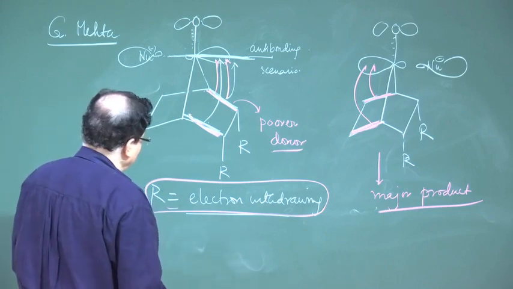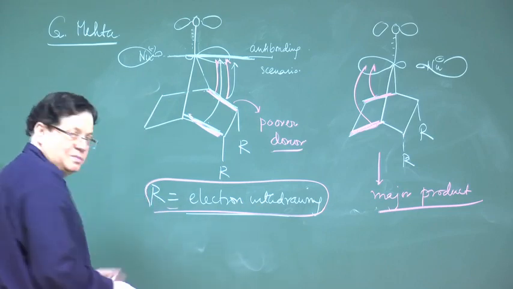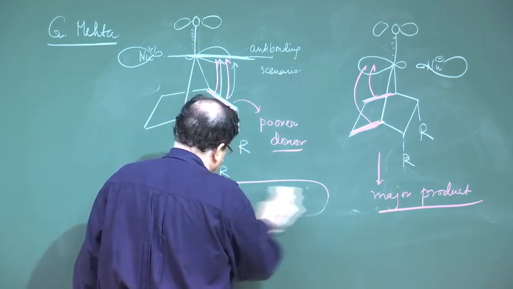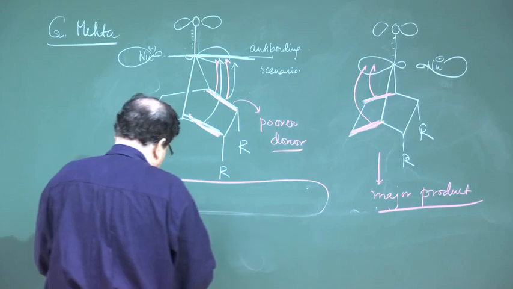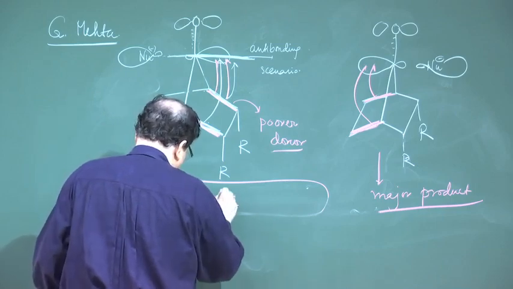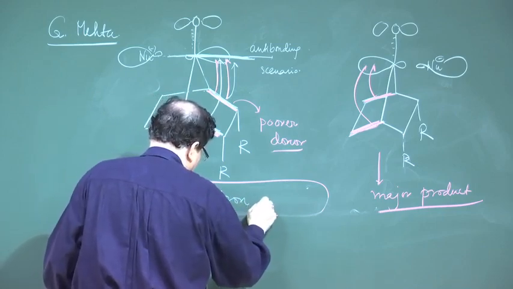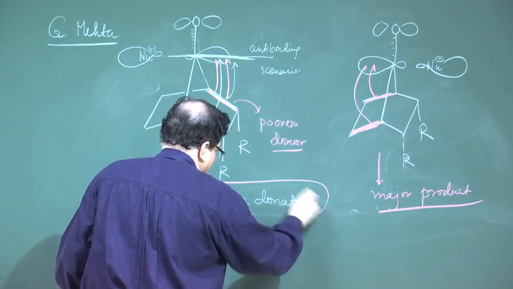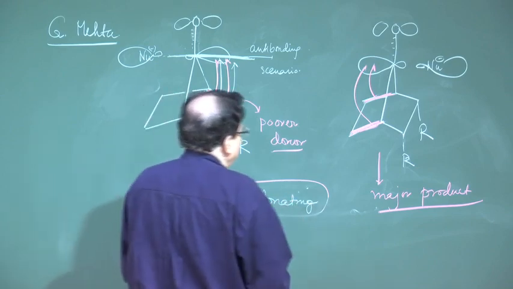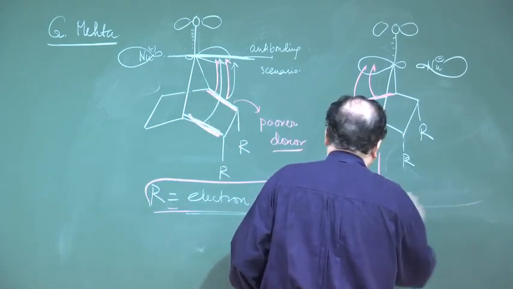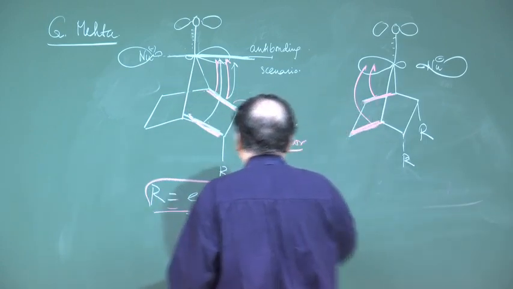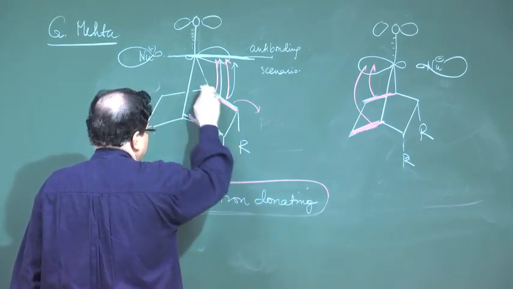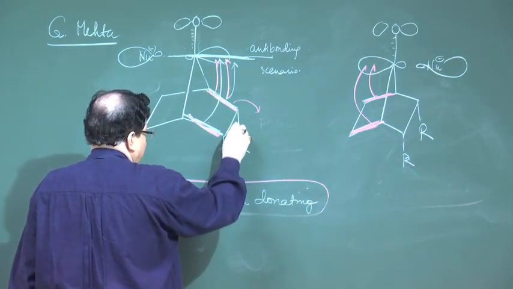If R is electron donating now, so let me change it to electron donating, exactly the opposite situation will happen. What will happen if R is electron donating? Then this will be a better donor, because there will be more electrons pumping into this carbon-carbon bond, say by inductive effect.